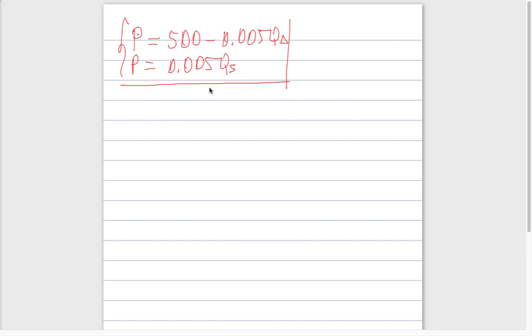Now, we know that price is equal to 500 minus 0.005 Q, this is the demand function, and supply is given by this function. There is no intercept value in the supply function, unlike in the demand function. Let's label this S and this D for clarification. To find the equilibrium price and quantity, we as usual equate these prices.